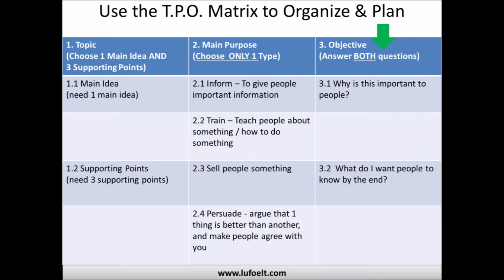Or what do I want them to do by the end of my presentation? So if your main purpose is to sell something, then the answer to question 3.2 here, what do I want people to know or do, is I want them to know about the product or the service that I'm trying to sell, and I want them to buy it. So that would be an example of an answer there.